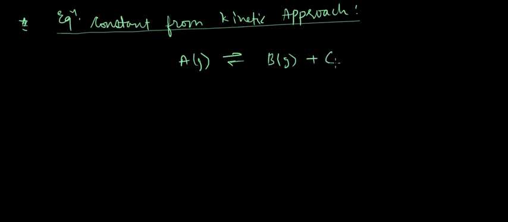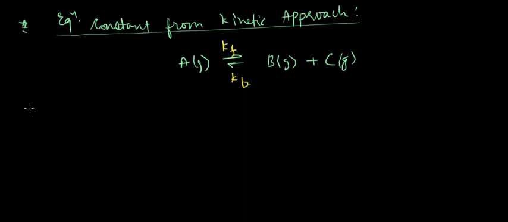From the kinetic point of view we can write that the rate for forward direction is kf, and rate for backward direction is kb. If you don't know what the rate of a reaction is, we'll obviously be seeing this in our coming physical chemistry lectures, maybe not in this series but in the next series, but we'll definitely look at it.